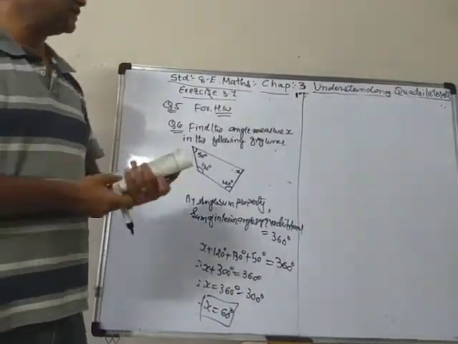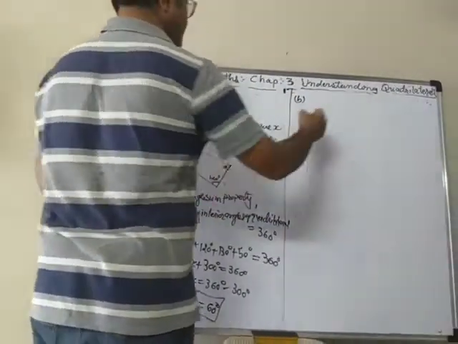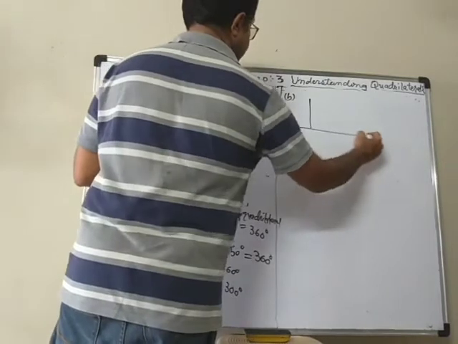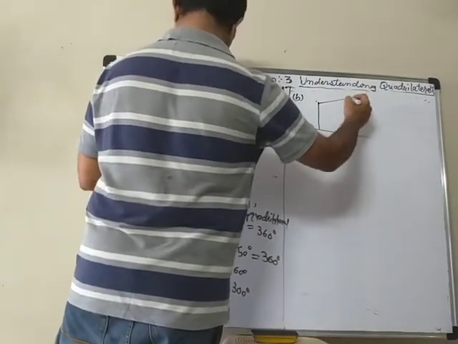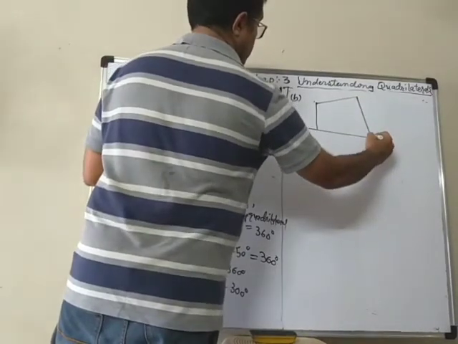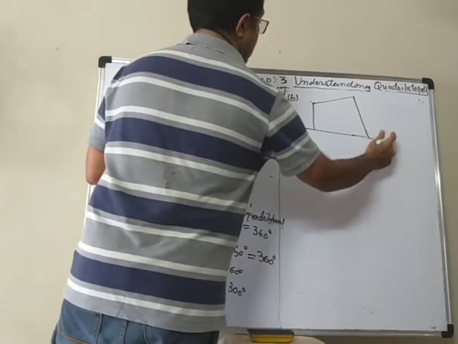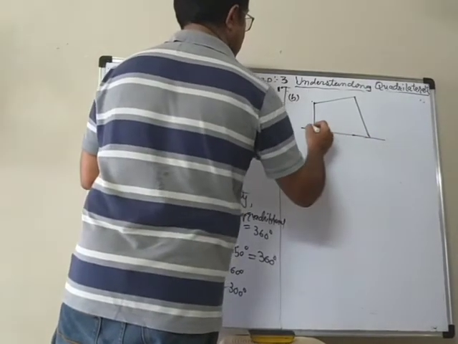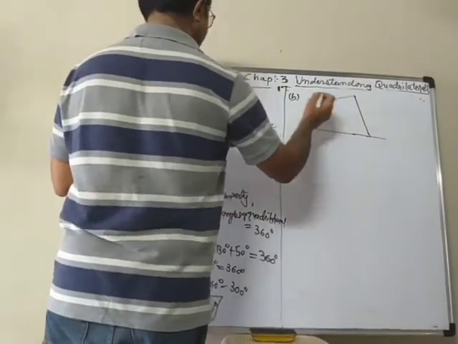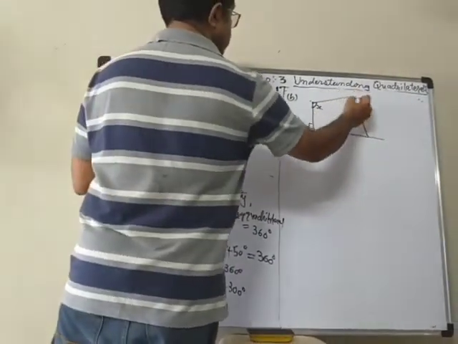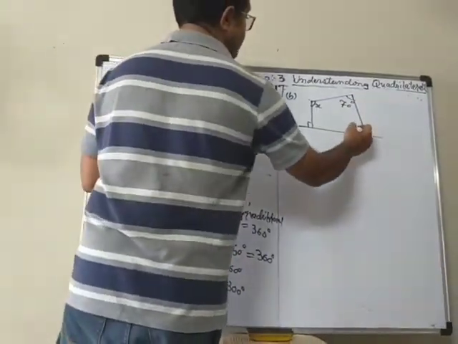So here the value of x is 60 degree. Now we will take the second one, in which the figure is like that. And here it is given like that. Here is x, 70 degree and 60 degree.